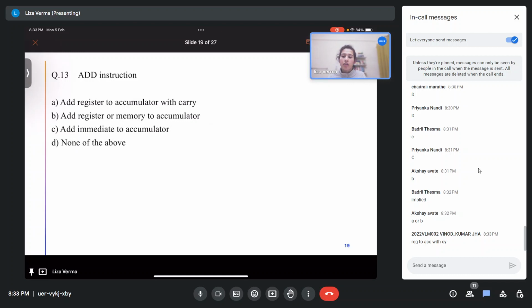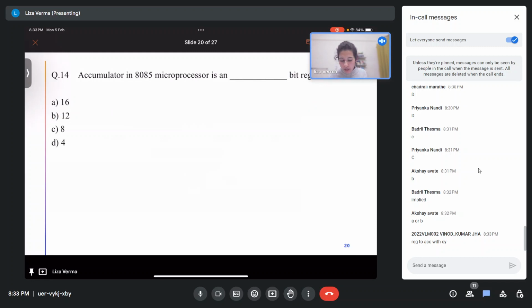And why not C? ADI will be for that, no? Yes, ADI will be for the immediate addition, and in the immediate addressing mode, we also have the operand as a number. So the correct answer is B.